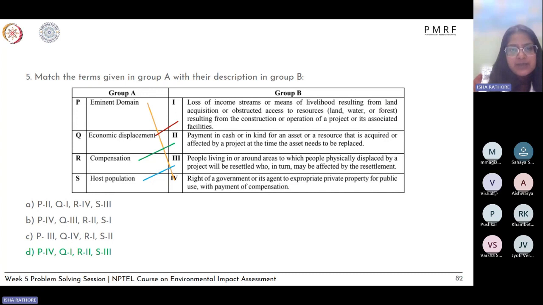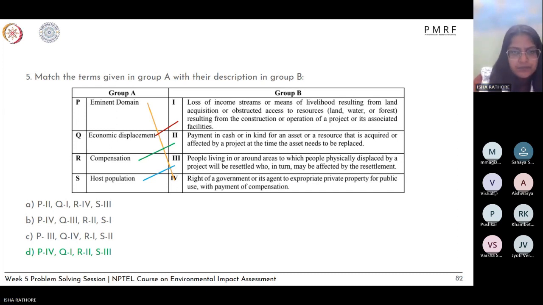Then economic displacement is if there's a loss of income streams or means of livelihood resulting from land acquisition or obstructed access to resources like land, water, or forests resulting from the construction or operation of a project or its associated facilities. So if the people's livelihood or income source is being affected because of a land acquisition or rehabilitation scheme, then they are being economically displaced.